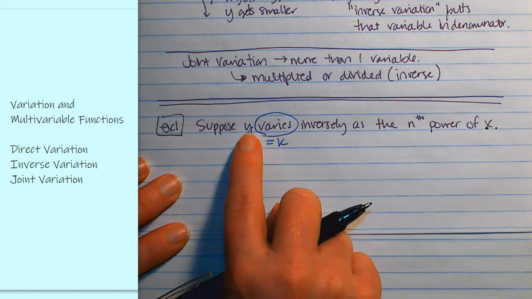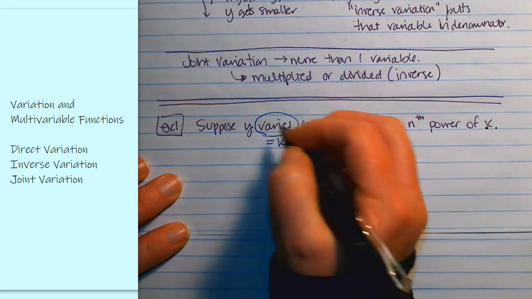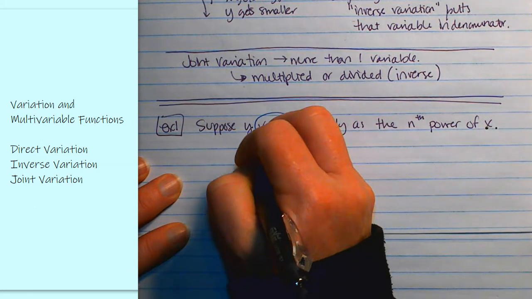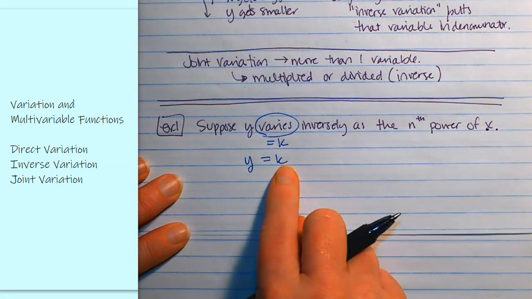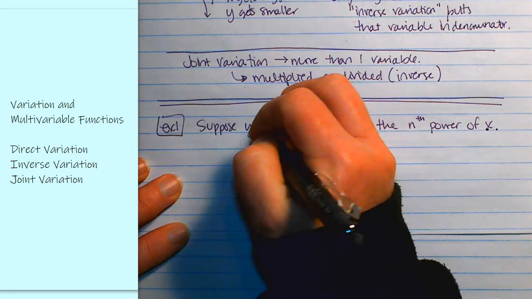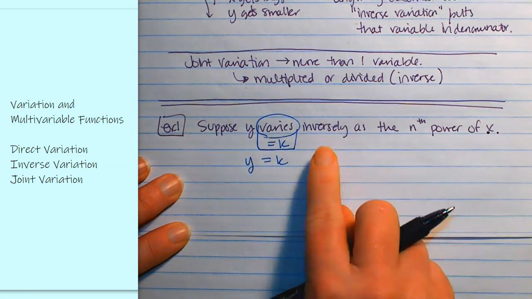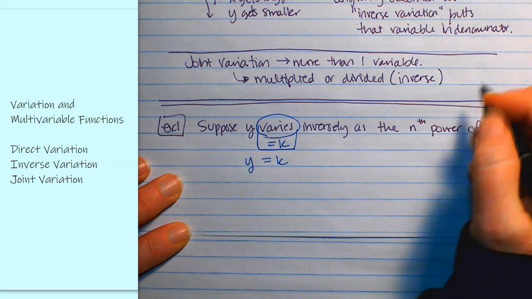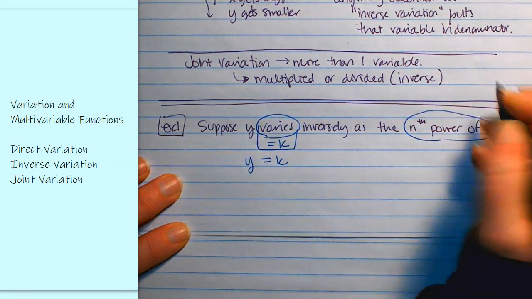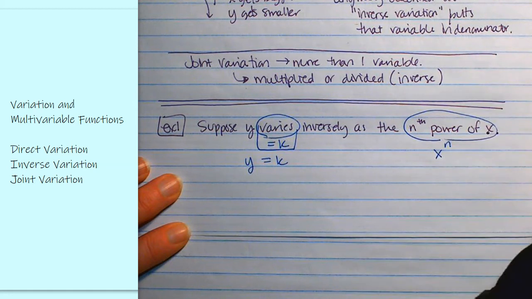So here we go. Y varies inversely. So I'm going to write this in math. Y varies means equals k. So this part goes together. Inversely as the nth power of x. So this piece means that x is raised to the power of n.